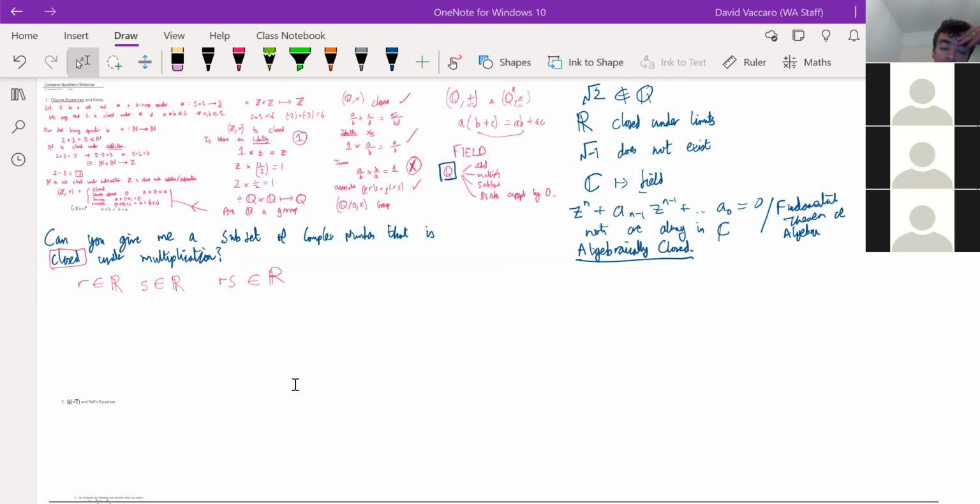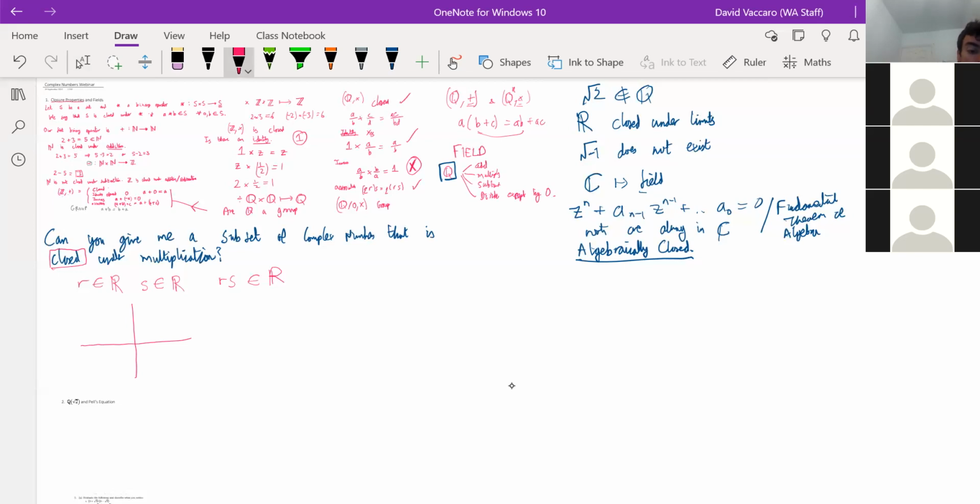Imaginary numbers are not closed under multiplication because the most natural imaginary number i, if you multiply it by itself, is no longer pure imaginary. A very important subset of the complex numbers which is closed under multiplication: let's take a complex number z and a complex number w.